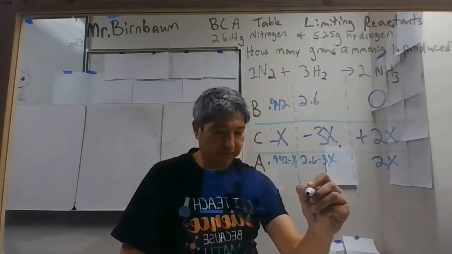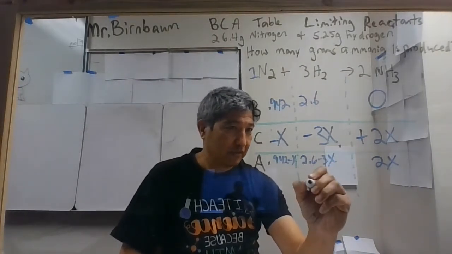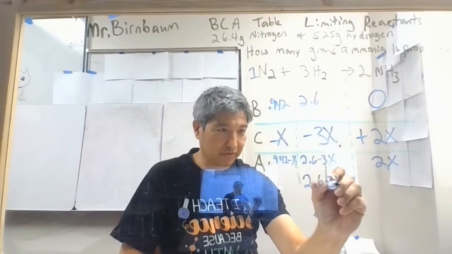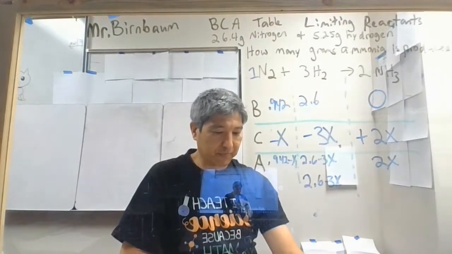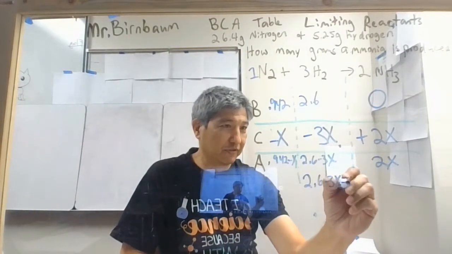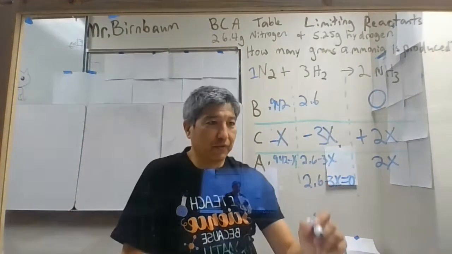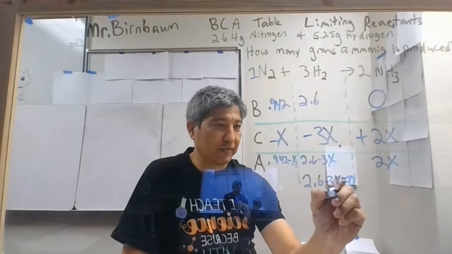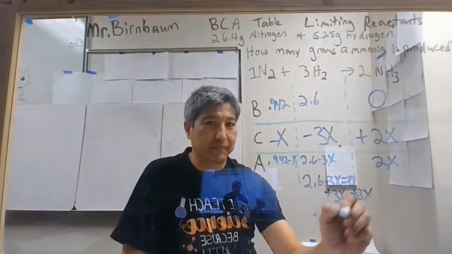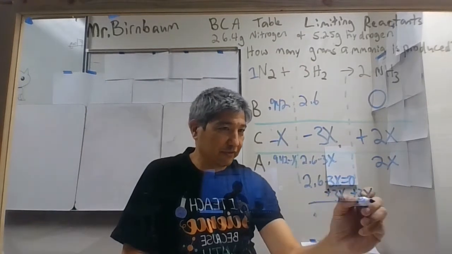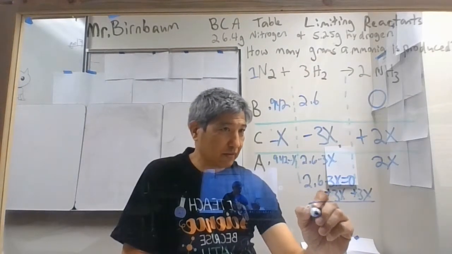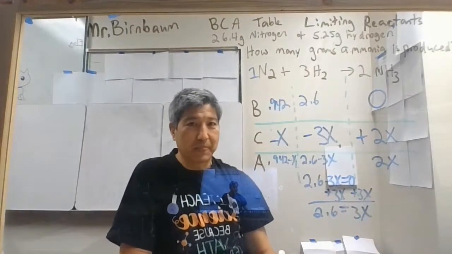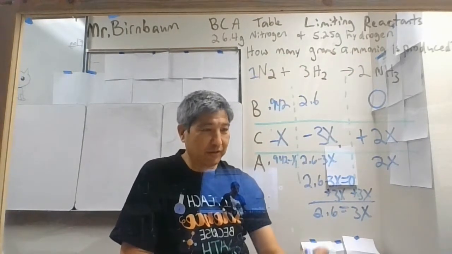If we have 2.6 minus 3x, and if we use it all up, it's going to equal 0. So we can add 3x to both sides. And then that's going to give us 2.6 equals 3x. And then we'll just divide both sides by 3.